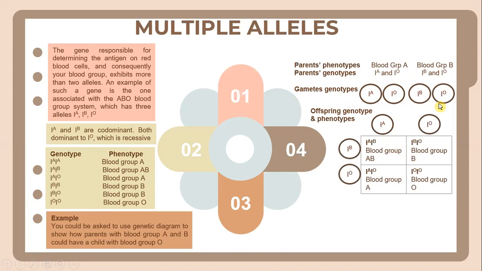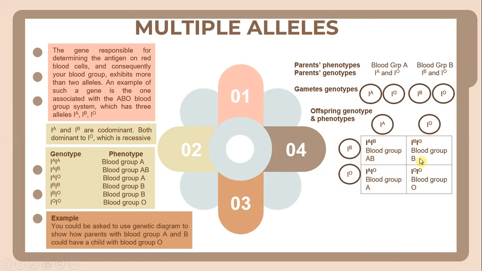When you use this to tabulate the genetic diagram, you might have offspring genotype and phenotype. The combination of I^A and I^B gives blood group AB.